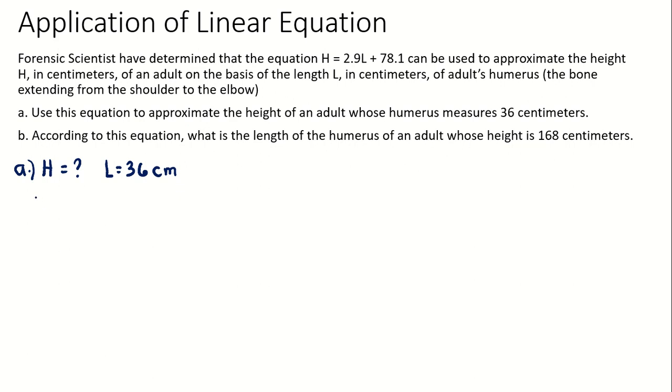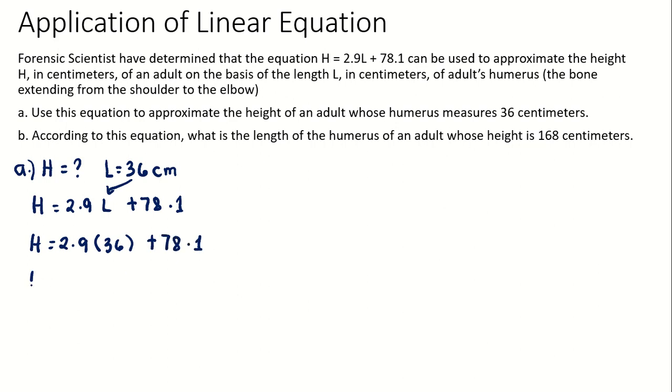Using our formula, h is equal to 2.9L plus 78.1, simply substitute 36 for L. So h is equal to 2.9 times 36 plus 78.1. 2.9 times 36 is 104.4, and then we will add 78.1.